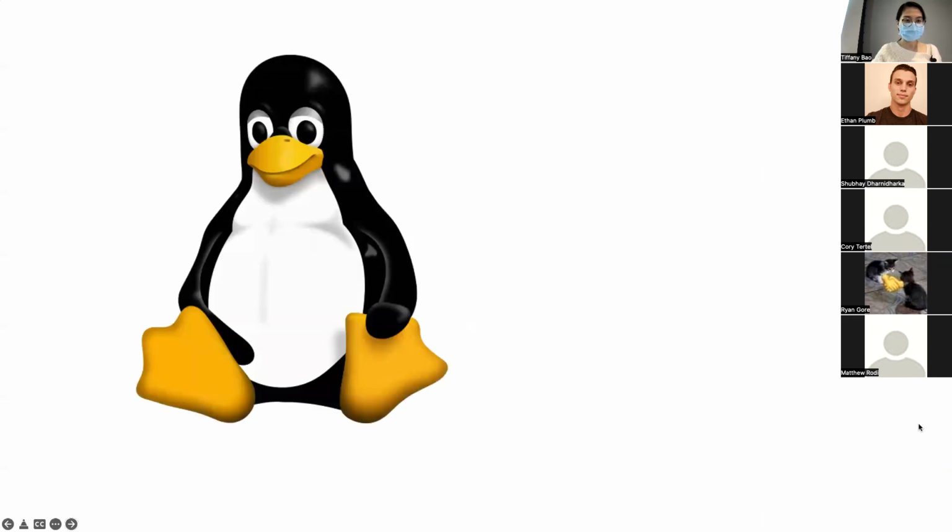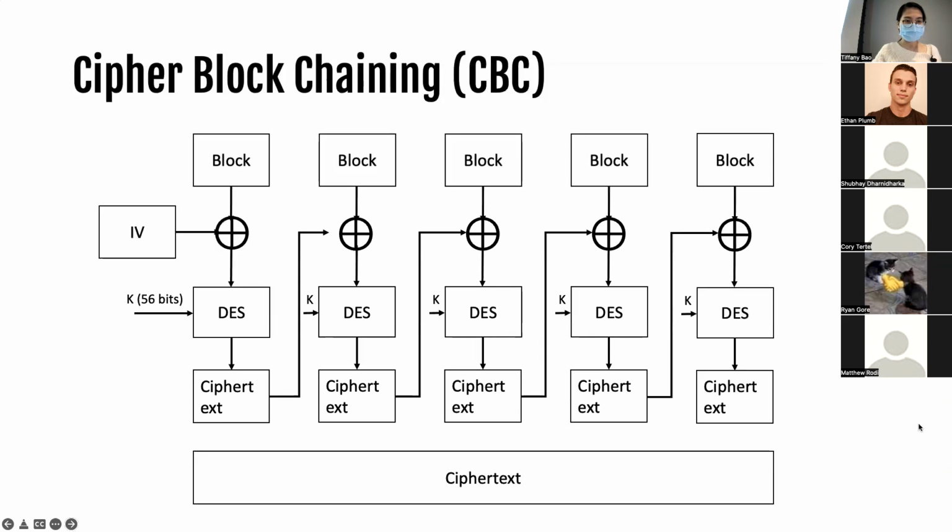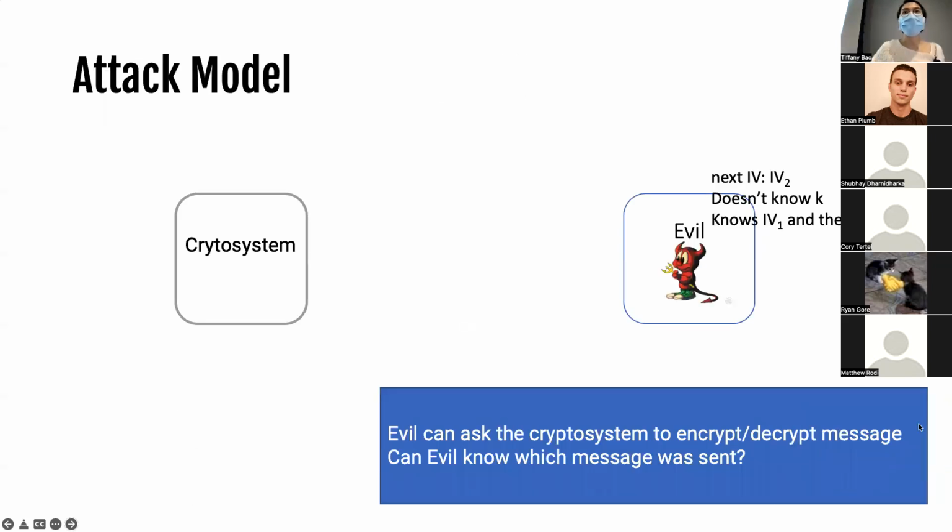Okay, let me go back to CBC, cipher block chaining. So let's start to talk about the possible attack for CBC with a predictable initial vector. Let's suppose that we have a crypto system, something that someone can query with their plaintext or ciphertext.